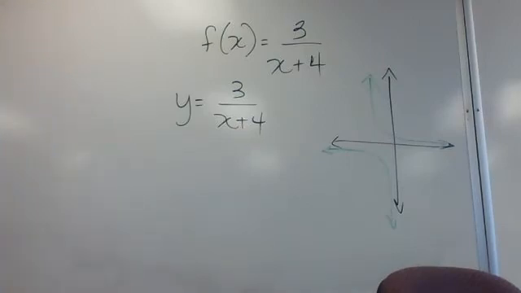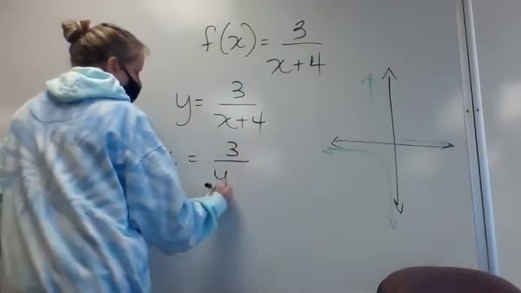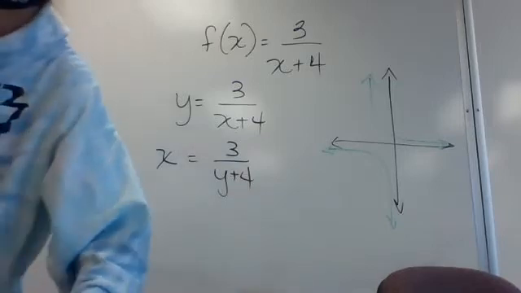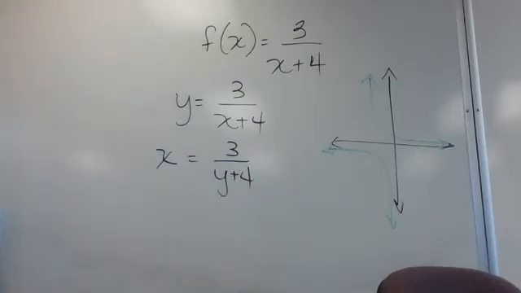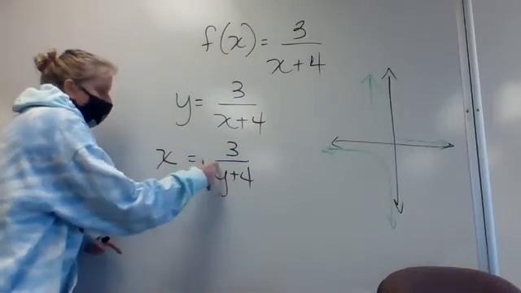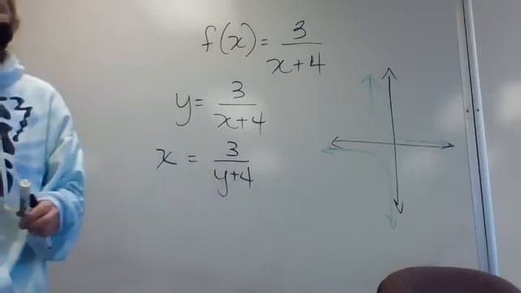And wherever you see the x, you're going to put a y. So this will turn into x equals 3 over y plus 4. Then once I invert the x and the y, I'm going to solve for my new y. So this is the y now that I want to get by itself.